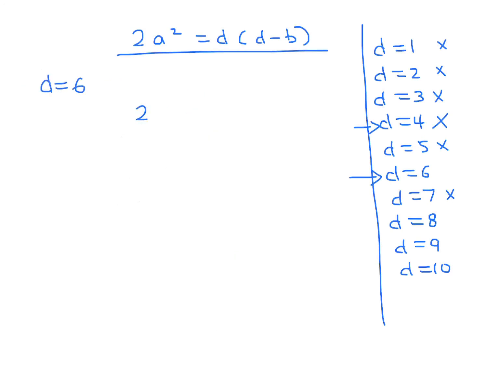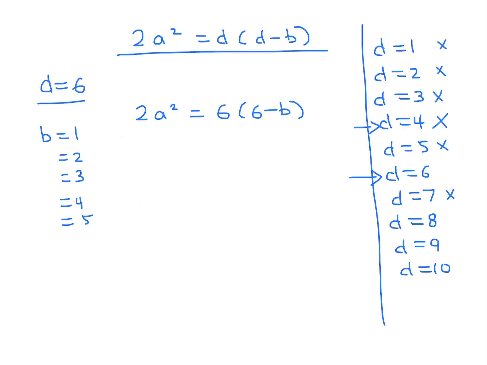If D equals 6, then that means 2a squared equals 6 times 6 minus b. And for the sake of time here, I'll let you do all the b's. 1, 2, 3, 4, and 5, right? Those are the possible values for b, because b is an integer and it's less than d.